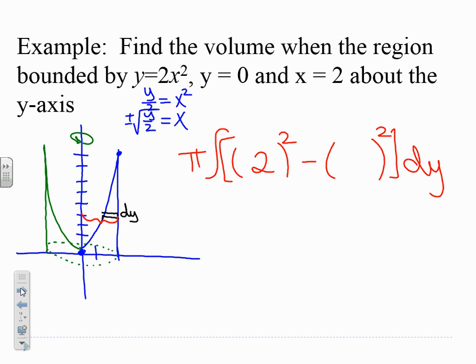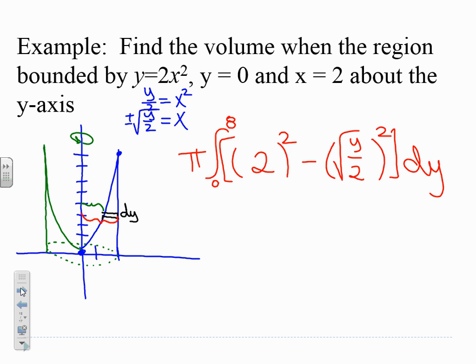Our inner radius would be axis of rotation to here, positive radical y over 2, squared. Limits 0 to 8 because we're in respect to y.